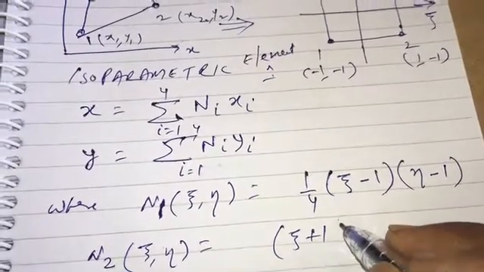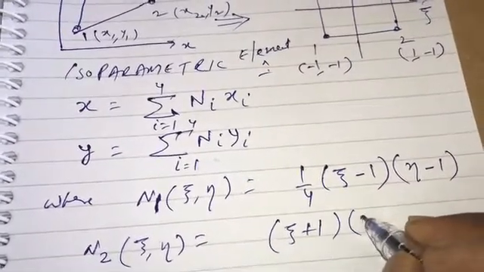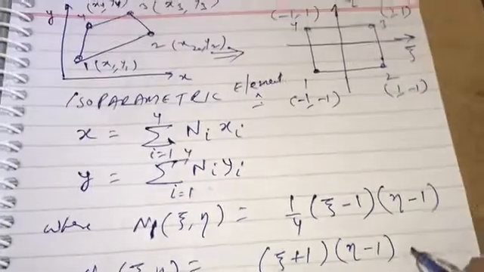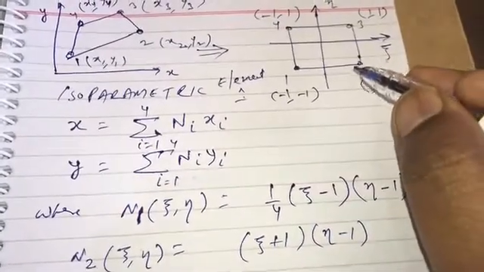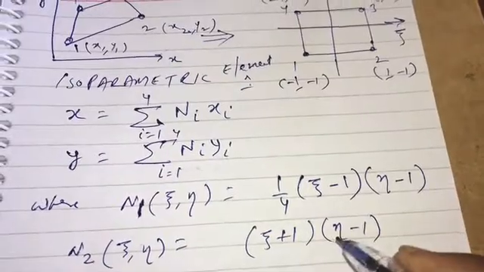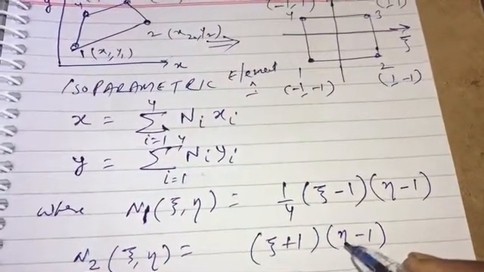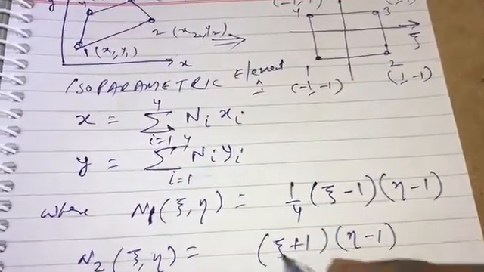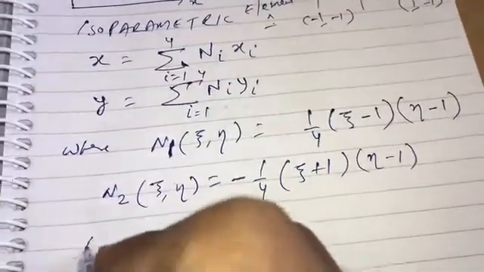We put the value of 1 here and minus 1 here, and we get minus 4. So minus 1 over 4 gives N2.